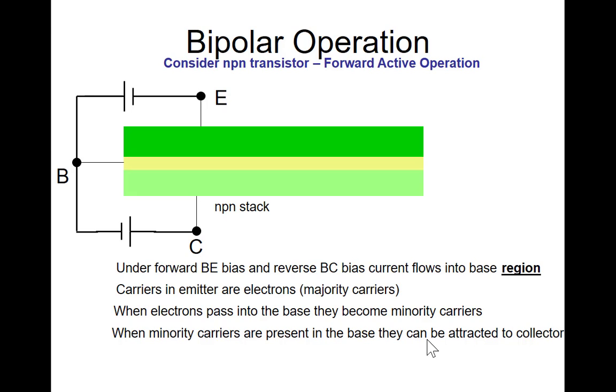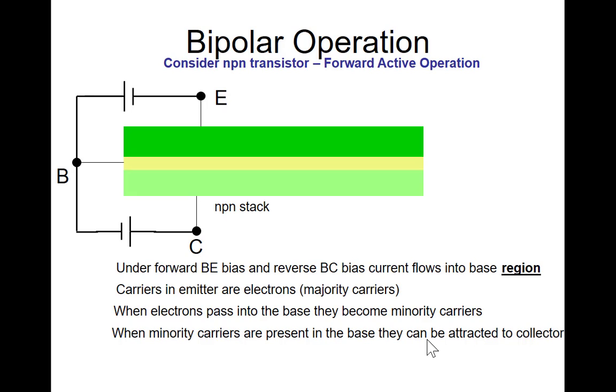And once they get in the base region, they say, aha, I've arrived in the base region, and I'm a minority carrier. The bias for the base emitter is trying to make that minority carrier exit as base current. But while that electron is here, there's a reverse bias on the base collector junction. There's a positive voltage on the collector, and we're providing a force on that electron to go where? To the collector. So there's contention going on here.